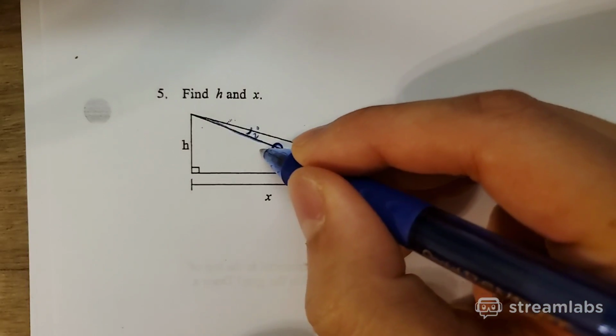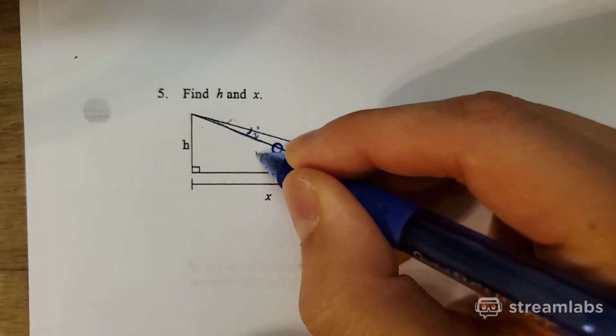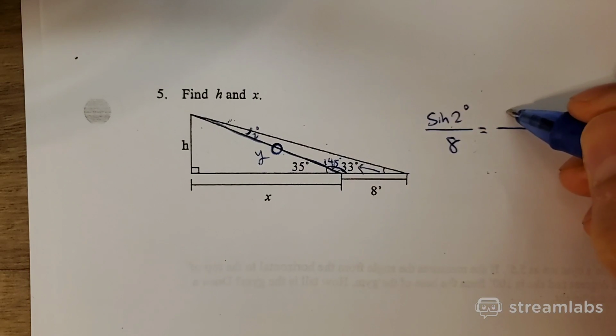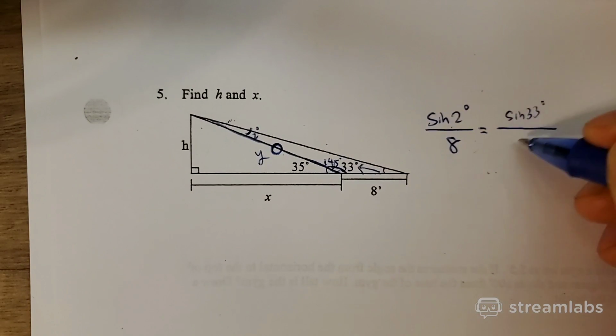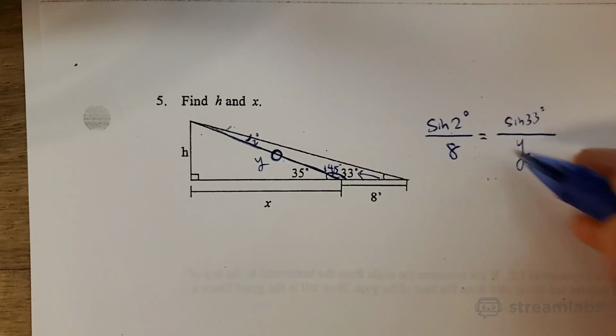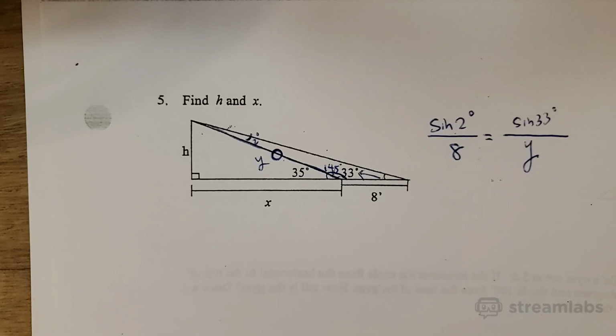So let's just say we call it y. Okay, so it will be sine 33 degrees over y. Okay, and then after you get this, you can do cross multiplication here.